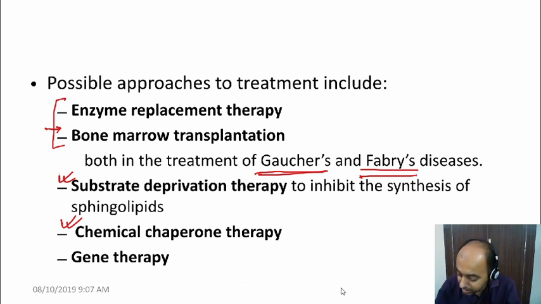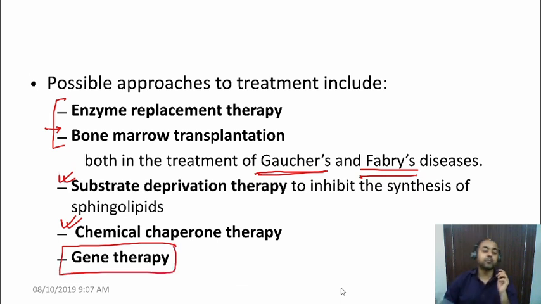What is available clinically is the gene therapy, and this is supposedly the best possible answer to a single enzyme defect. A single enzyme defect can be very correctly remedied by gene therapy. Now, gene therapy can be of two types.